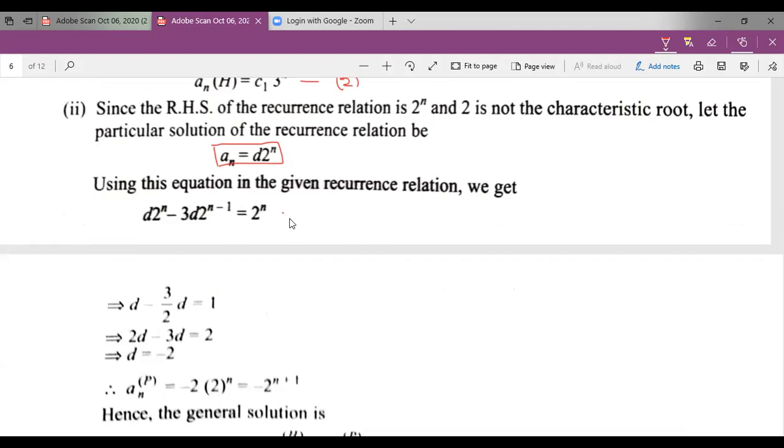So this can be written like d·2^n minus 3d·2^n by 2 is equal to 2^n. In this, 2^n will be common.